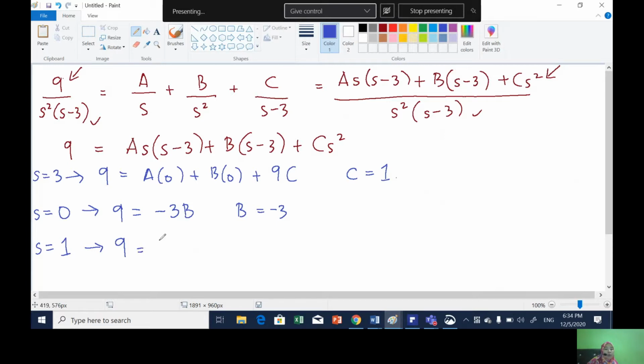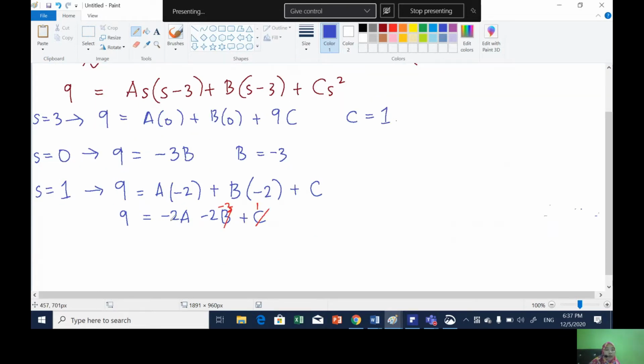Okay, so here we have A times 1 minus 3, which is negative 2, plus B times 1 minus 3, negative 2, then plus C. Okay, so next we have 9 that is equal to negative 2A minus 2B plus C.